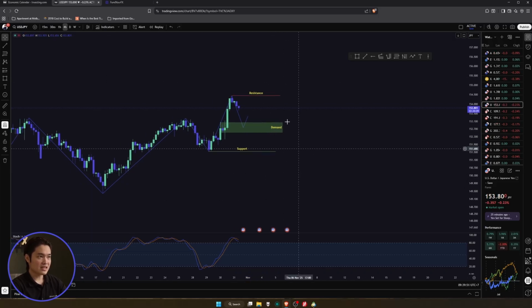So the summary is, for the dollar yen, you want to wait for the price to make a correction and pullback, and then the further rejection on the demand zone right here, and then you want to lower down your time frame to maybe the 30-minute or 15-minute time frame, then you can start looking for trend alignment or trend change or transition in the time frame. Then you can start looking for a long position.